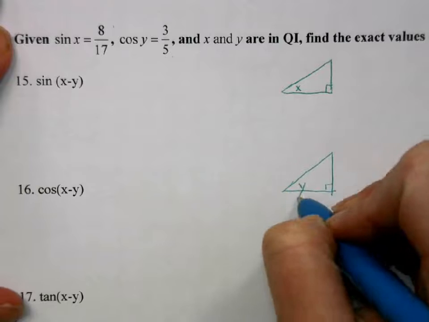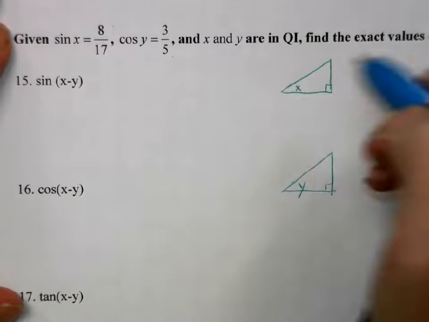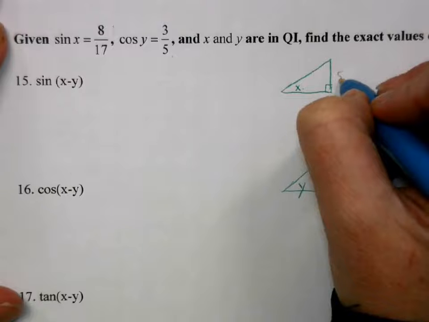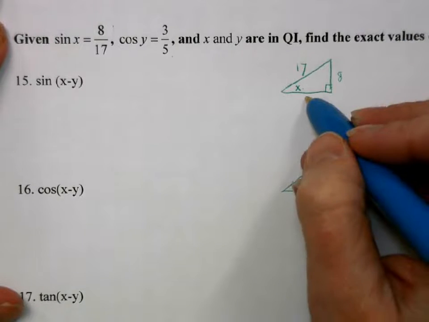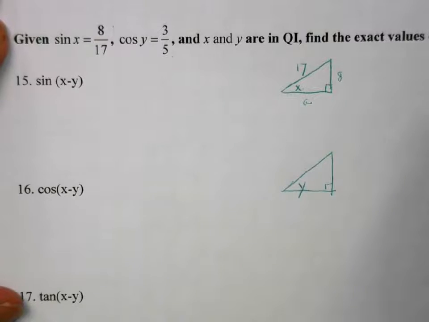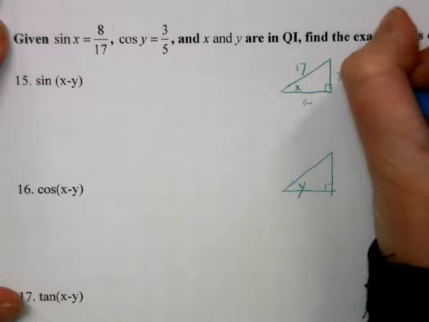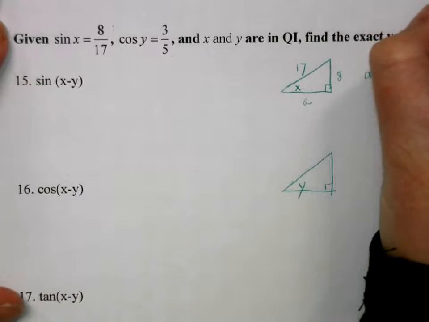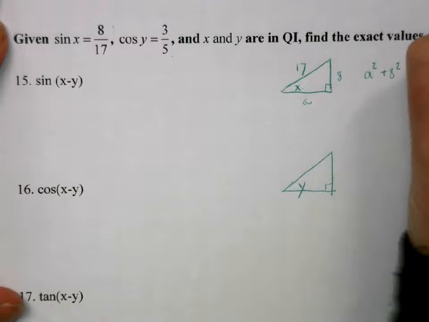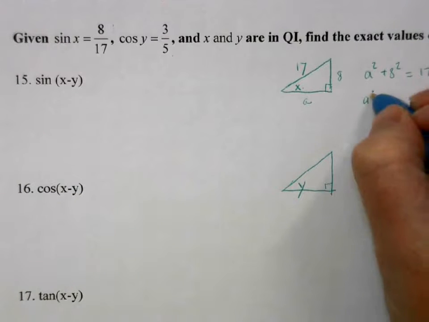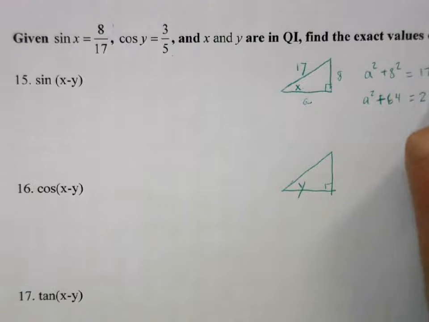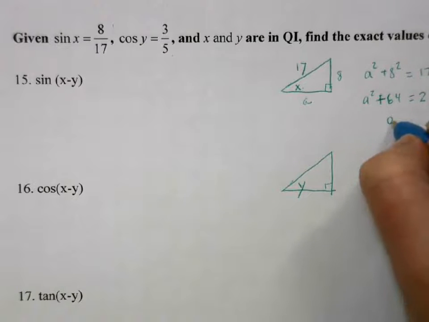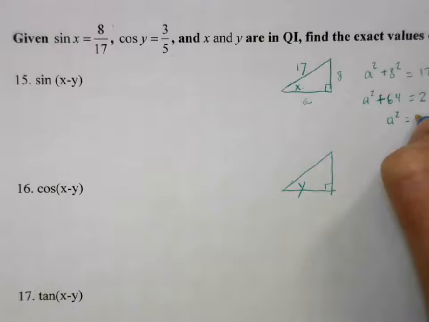Sine of x is 8/17. So if I want to find this side, we'll just name it A for adjacent. A squared plus 8 squared equals 17 squared. So A squared plus 64 equals 289. So A squared is equal to 225, which means A is 15.